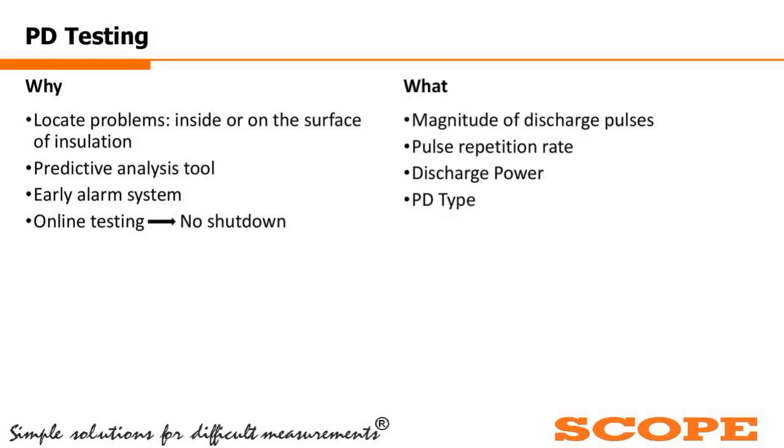What you will get is the magnitude of the discharge pulses, meaning how severe it is, and how often the pulses are repeated, the pulse repetition rate. That means how many pulses are coming, whether they are repetitive, or whether one came and has gone, which is not any problem.